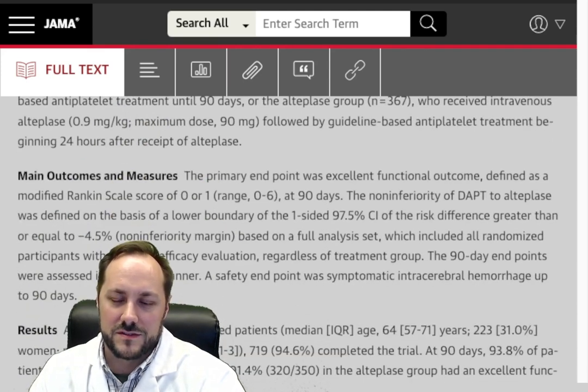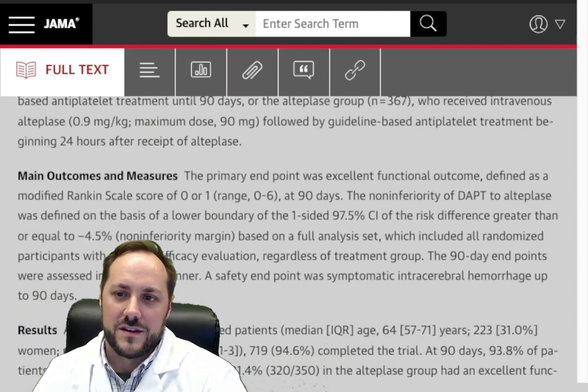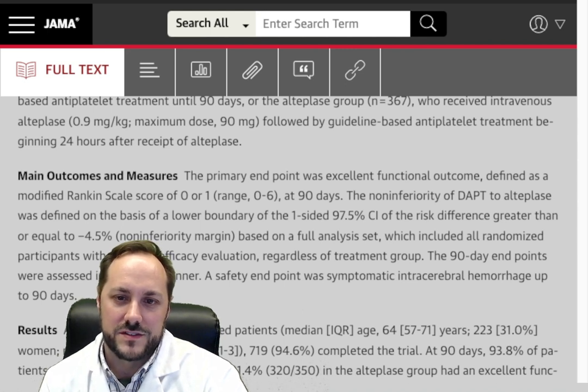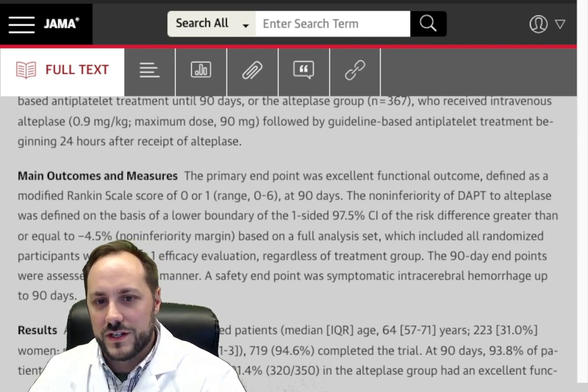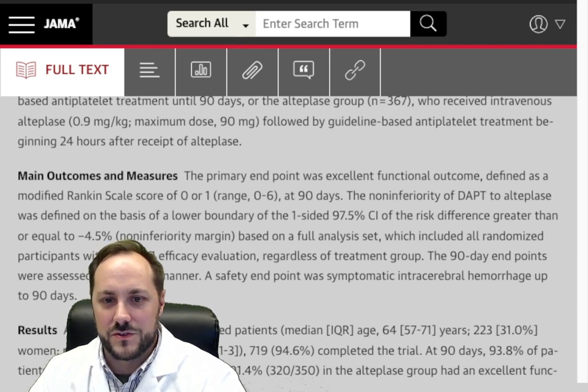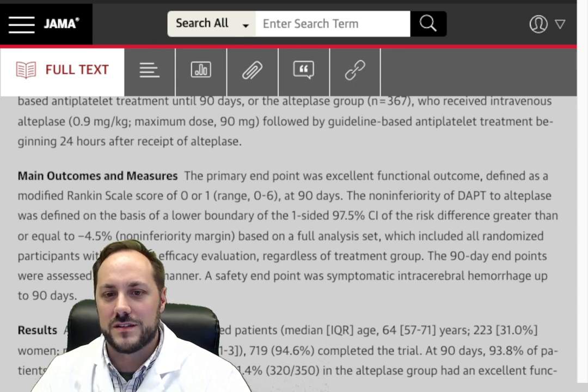The primary endpoint was functional outcome of a 0 or 1 on the modified Rankin scale, which leads me to also want to discuss with you what a modified Rankin scale is, because some of you might not know, but it is one of the more basic outcome measures that is pretty relevant to assessing patients with stroke.